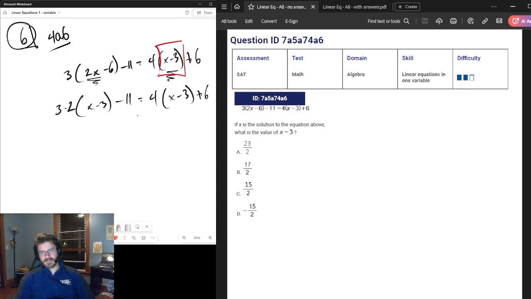And again, I want to leave these x minus 3s alone. I want to try to get them by themselves. So combining like terms, 3 times 2 is 6, times x minus 3 minus 11 equals 4 times x minus 3 plus 6. Let's see, what can we do next? We can add the 11 over.